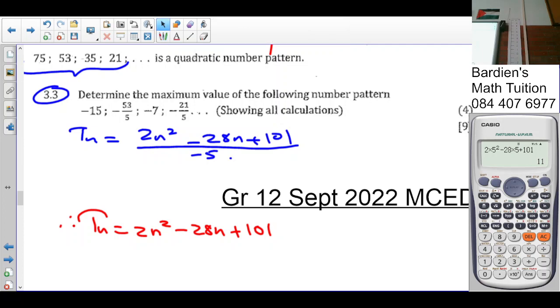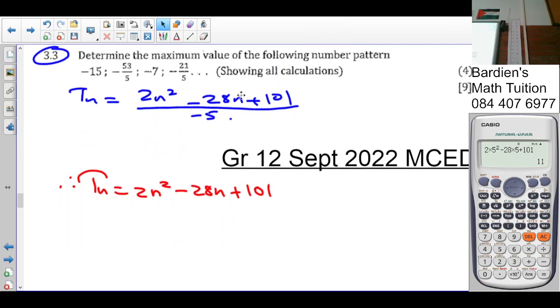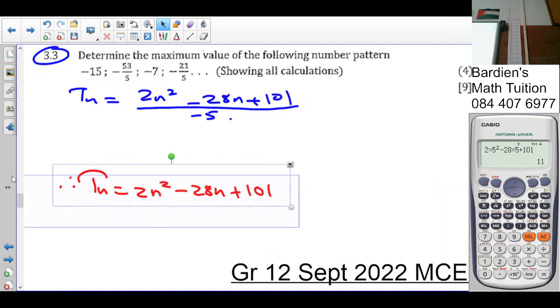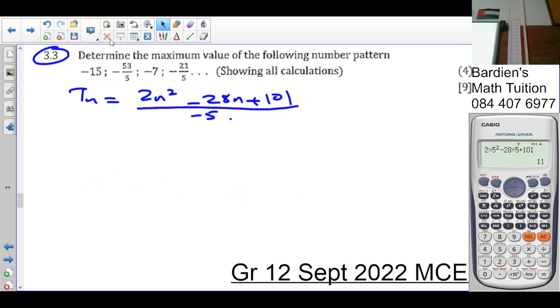The question says, determine the maximum value of the following number pattern. Now there are three ways in which I can do this. I can work out the turning point, or I can complete the square, or I can use a derivative. Okay? There are three ways of doing that. I'm going to complete the square.